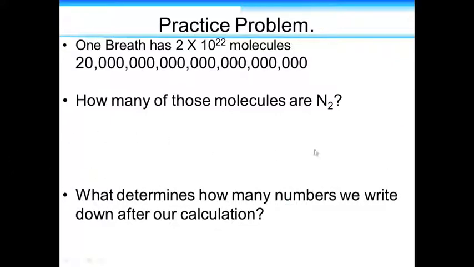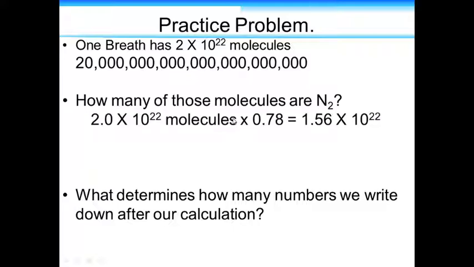So for the first question, how many of those molecules are nitrogen gas? Well, we know that the atmosphere is roughly 78% nitrogen gas. If that's the case, we should be able to multiply this number by 0.78.